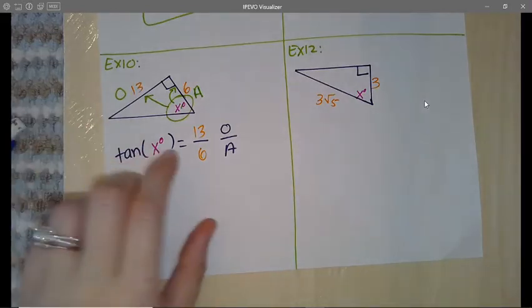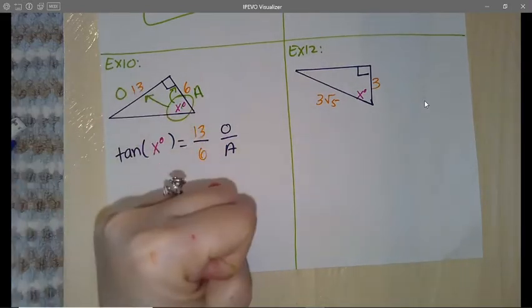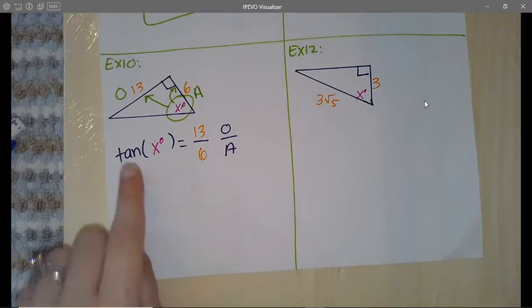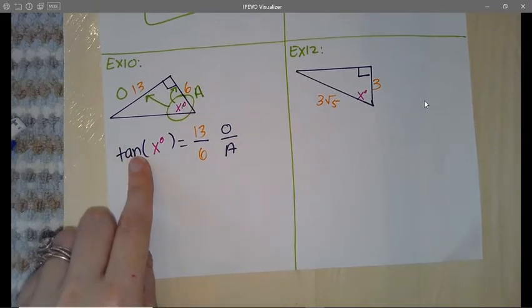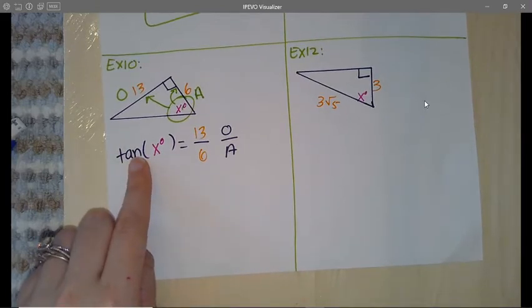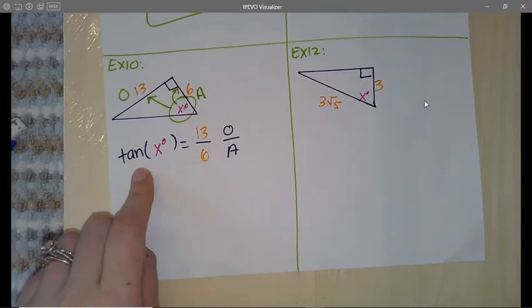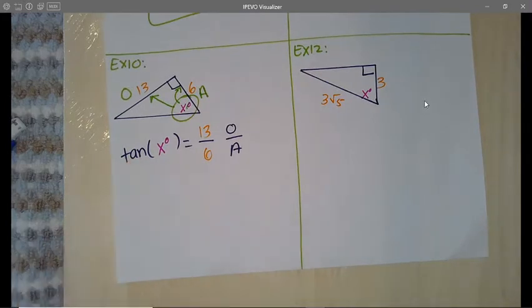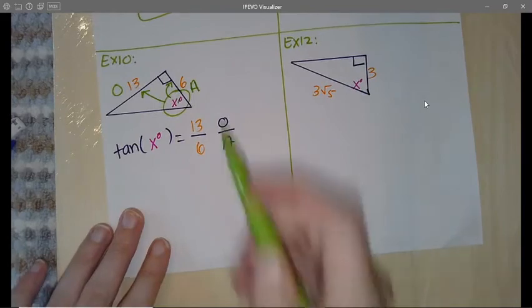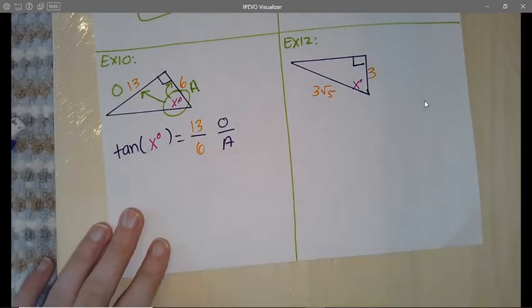Okay, so currently my x is trapped inside of the tangent. I need to get rid of this tangent so I can solve for x. In order to cancel out the tangent, we need to perform the inverse to tangent, which is inverse tangent. So I'm going to take the inverse tangent of both sides to get rid of that tangent and get x by itself.